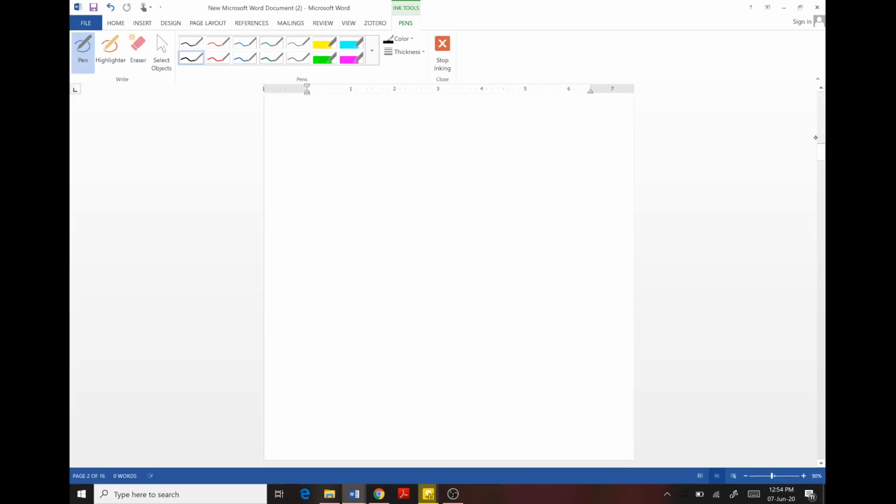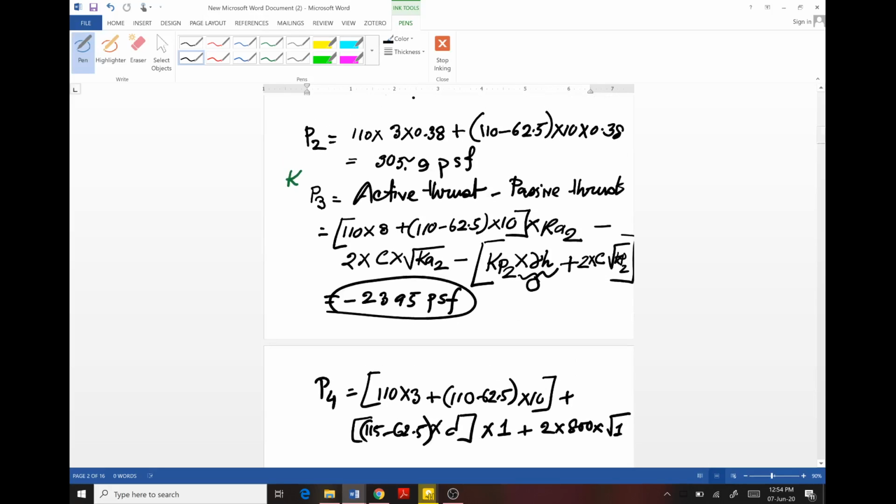Okay. P4 is equals to, this is the passive thrust.